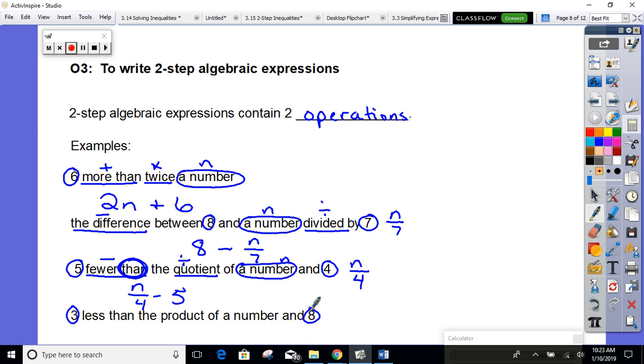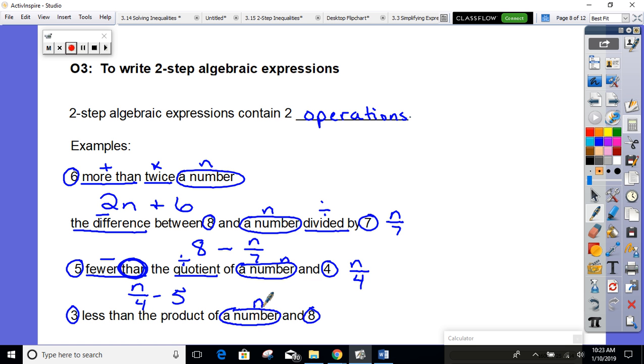Is there anything like that in this one? See here where it says a number? That's going to need to be in our expression somewhere. So we need to count this as one of our numbers. Even though we don't know what it is, it's still a number. It's just represented by a variable.